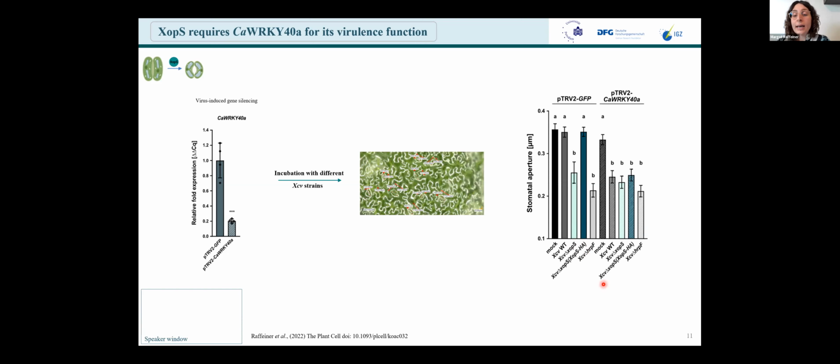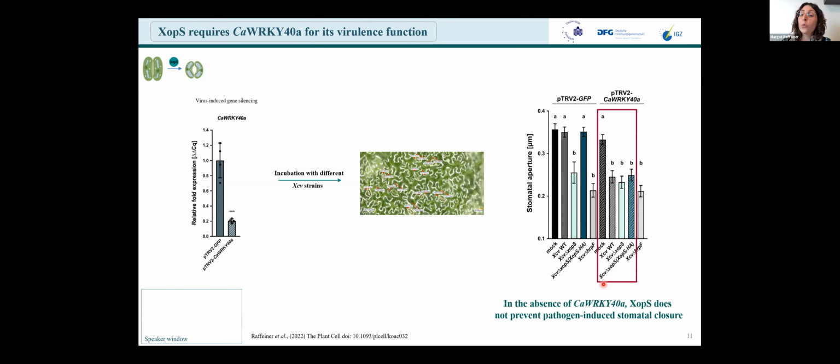However, when silencing pepper WRKY40, we see a totally different picture. The absence of the WRKY40 transcription factor leads to a complete loss of the XOP-S ability to keep stomata open, revealing that this effector indeed needs its plant target for its virulence function.